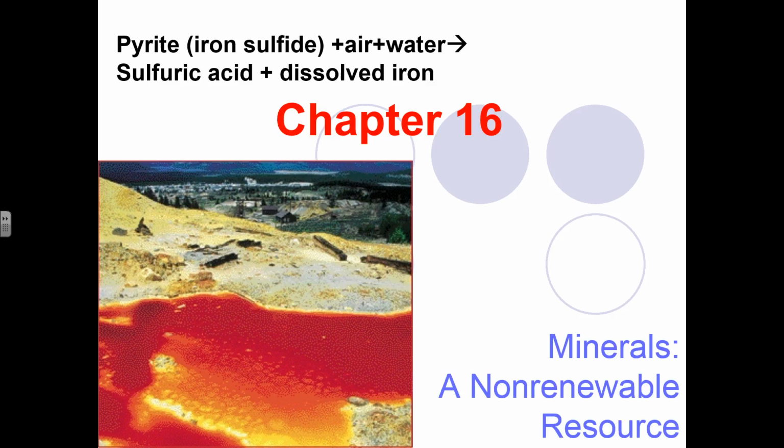Obviously this is a negative thing for the environment. The acid has a very low pH and runs into the waterways, and fish and wildlife can only live in a certain pH. If it's too acidic, biodiversity is going to decline, and we're going to have the death of aquatic organisms.